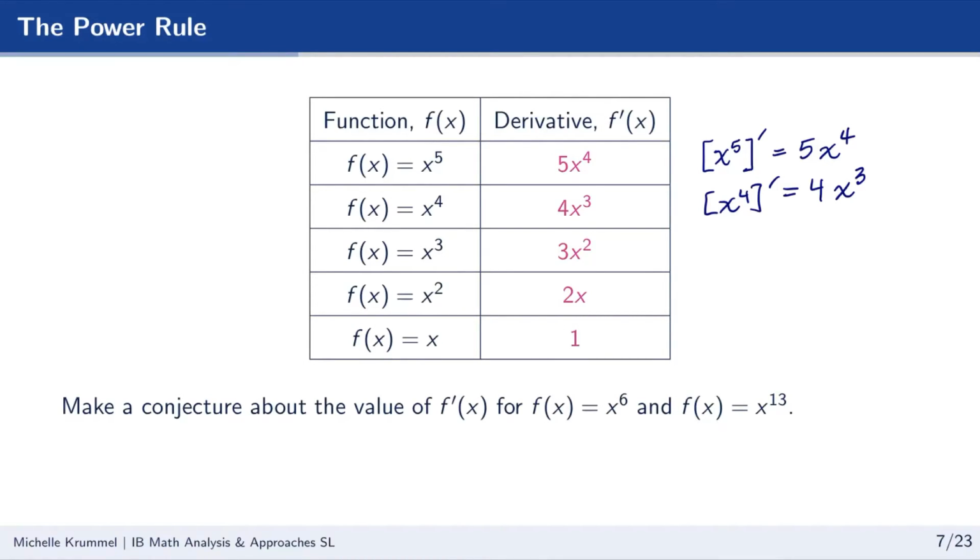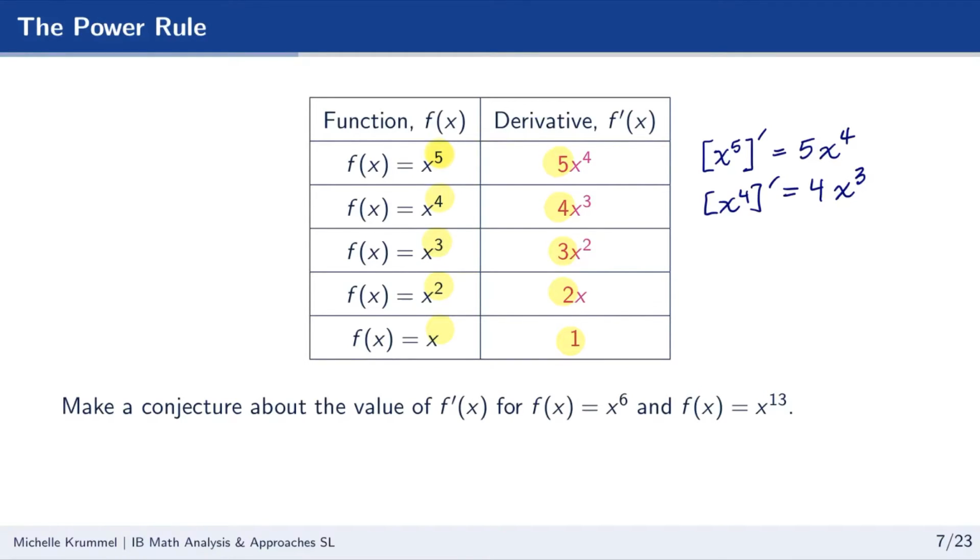You may have noticed that whatever the original exponent was, it turns into the new coefficient in the derivative. So in f of x equals x to the power 4, 4 is the original exponent, and in the derivative, 4 is the coefficient. That pattern continues in each of these examples. You might also notice something about the new exponent in the derivative.